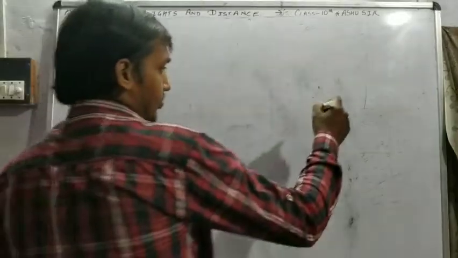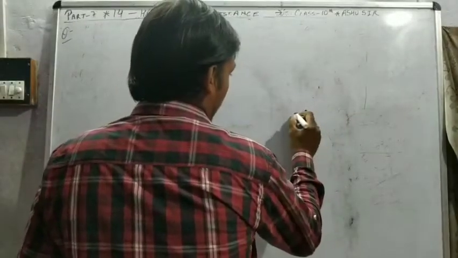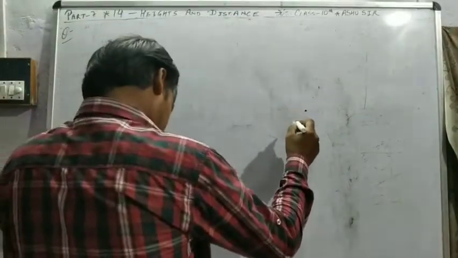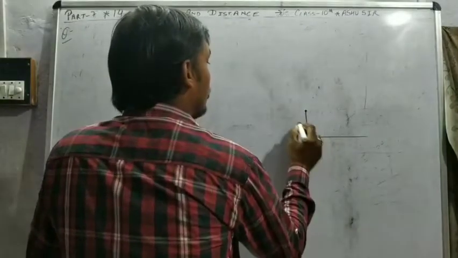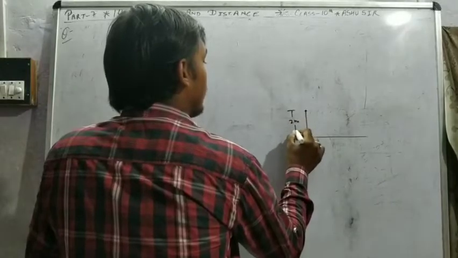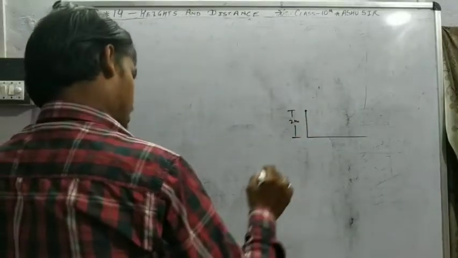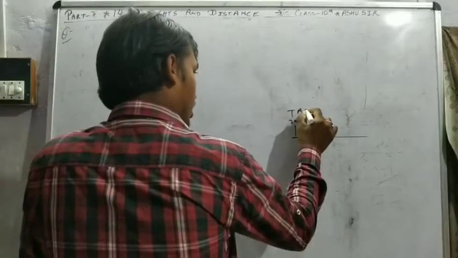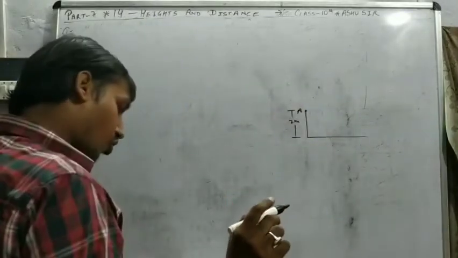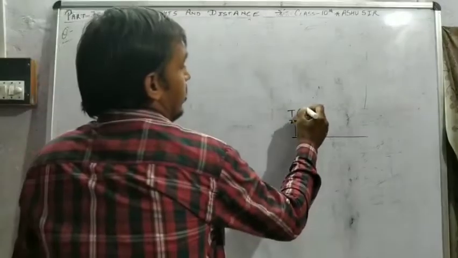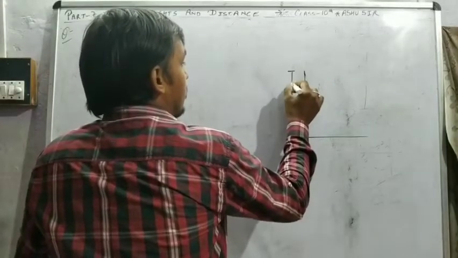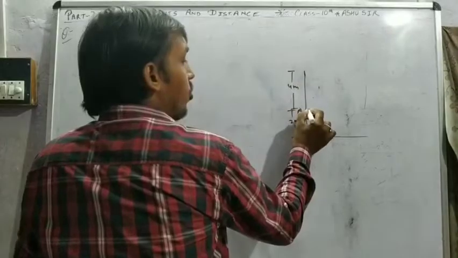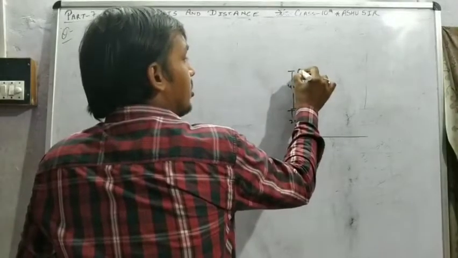So suppose this is window number 1, which is 2 meters from the base, and the next window is 4 meters vertically above it, meaning this is 4 meters from the second window.